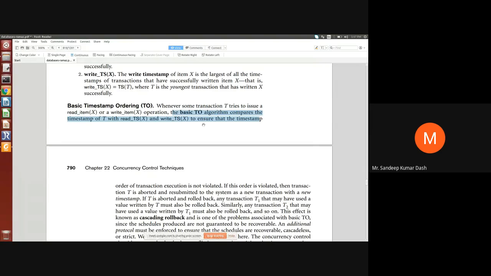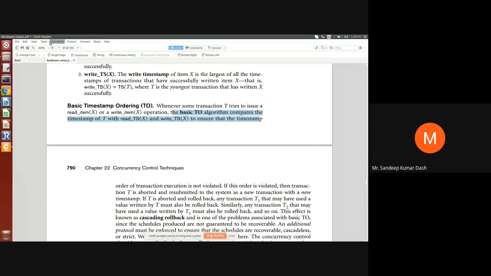That means suppose there are two transactions, T1 and T2. Suppose T1 is requesting a lock on X to read it, and T2 is writing on it.